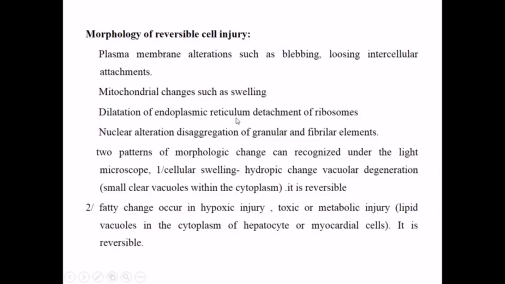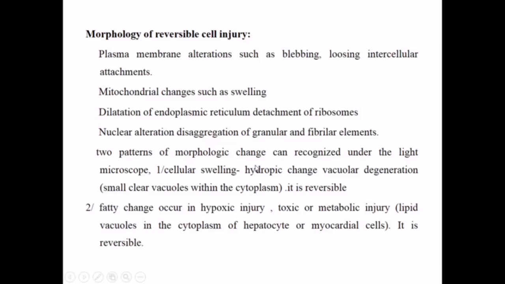Dilatation of the endoplasmic reticulum and detachment of ribosomes, swelling of the cell or mitochondria, blebbing, shrinkage, nuclear alteration. Two patterns of morphological change are recognized under the light microscope.